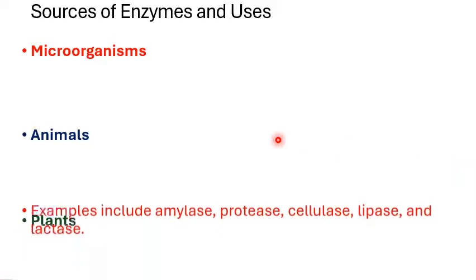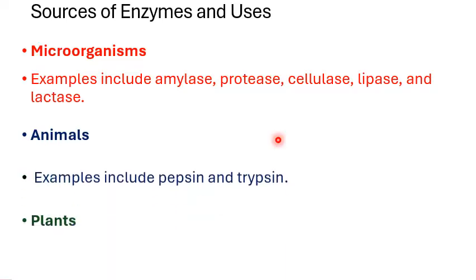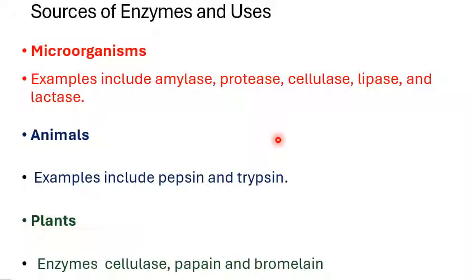Examples of microbial enzymes include amylase, protease, cellulase, and so on. And we also have examples of animal enzymes, pepsin, trypsin, and papain and bromelain from plants. These enzymes all have their industrial uses.